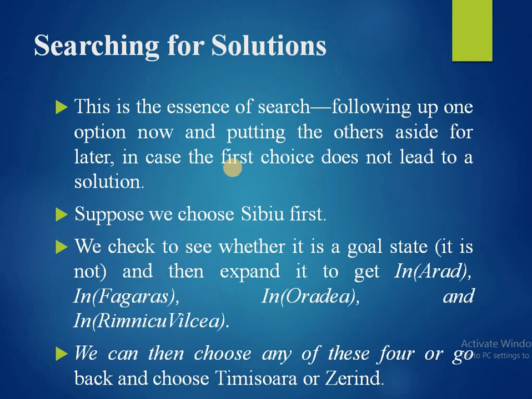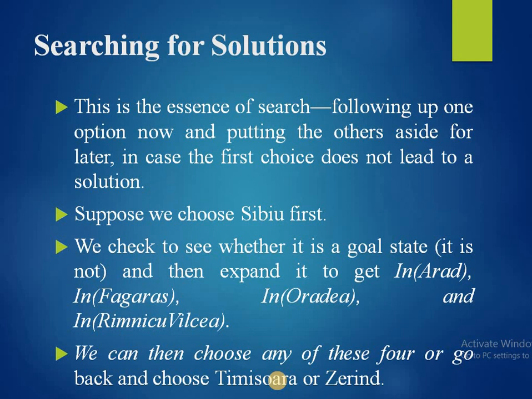We can then choose any of these 4 or go back to choose Timisoara or Zerind. So we have to choose any one of these 4: in Arad, in Fagaras, in Oradea or in Rimnicu Vilcea. Instead of this, if you want any other city, then we have to choose Timisoara or Zerind instead of Sibiu.